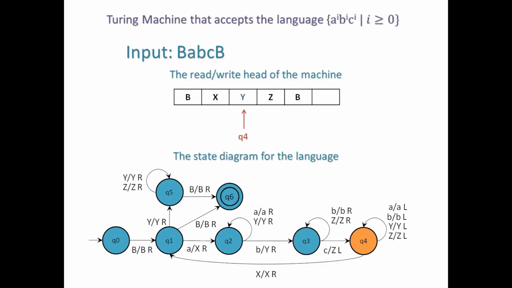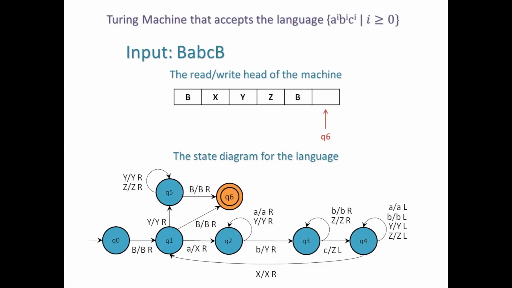Read Y, write Y, move left. Read X, write X, move right. Read Y, write Y, move right. Read Z, write Z, move right. And finally, read B, write B, and move right.